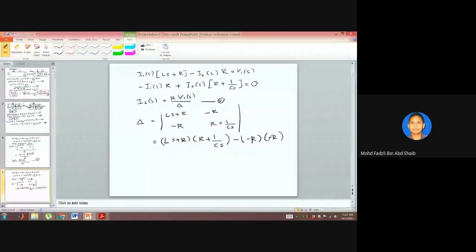So LS times R, LS times 1 over CS, which is LS over CS, plus R squared plus R over CS, minus R squared. So this one cancel each other.